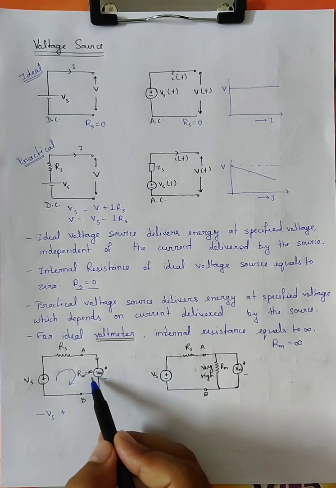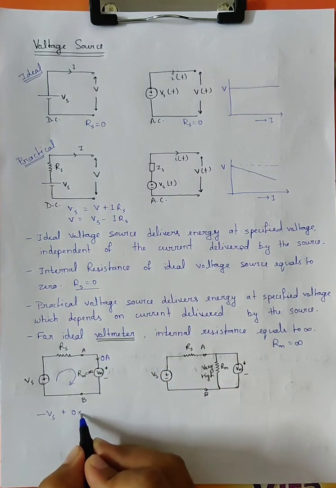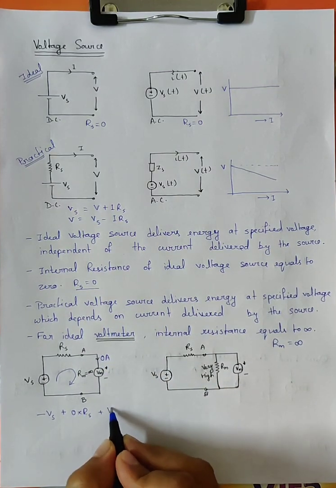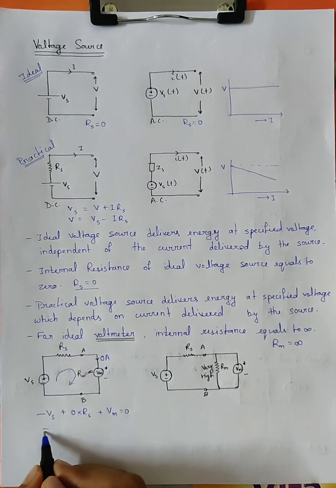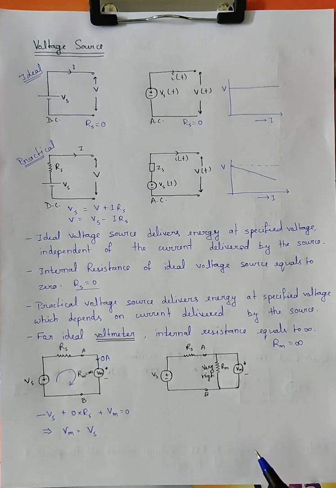This is internal resistance which is equal to infinity. So the current will be 0 amperes, plus 0 into Rs, plus Vm is equal to 0. It implies that Vm will be equal to Vs.